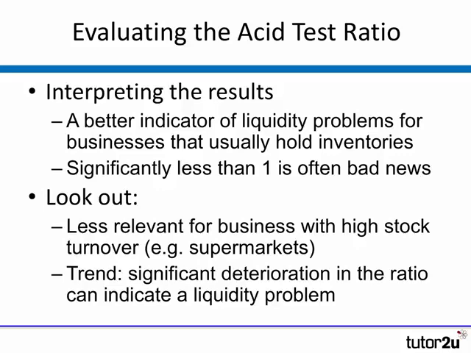So you've got to look out for what type of industry it is, but also not be too concerned if the ratio is poor but the business has a high stock turnover. So supermarkets typically operate on quite a low acid test ratio, but it's not a problem for them because they're constantly turning that high level of stock over through sales, and in particular turning it into cash.